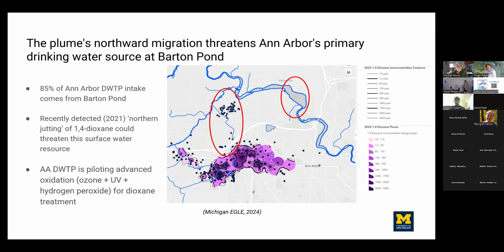And what I wanted to do is understand that this new jutting is very recent. It's from 2021, and it is kind of threatening Barton Pond, which is the intake for the Ann Arbor drinking water treatment plant. And from my environmental engineering degree, from people who are doing the pilot work at the plant, advanced oxidation is currently being tested there.